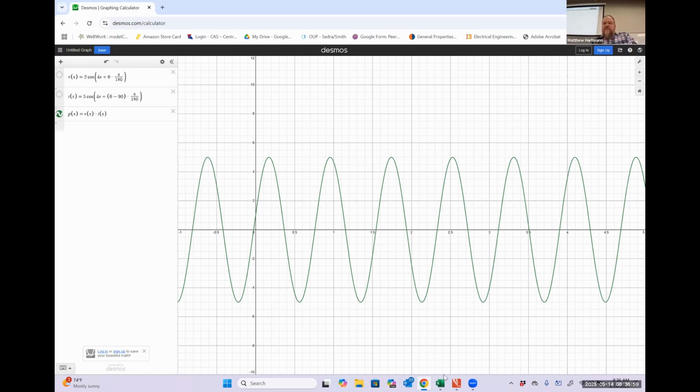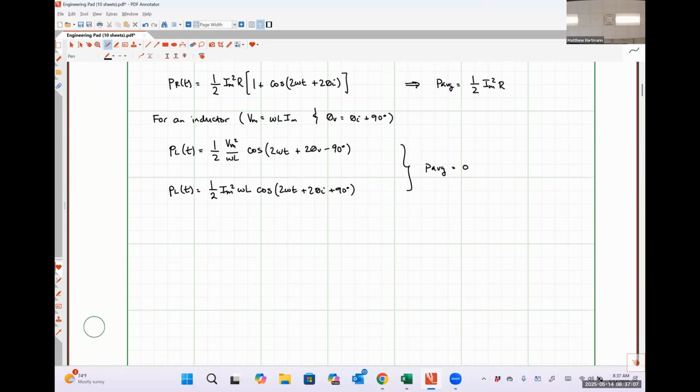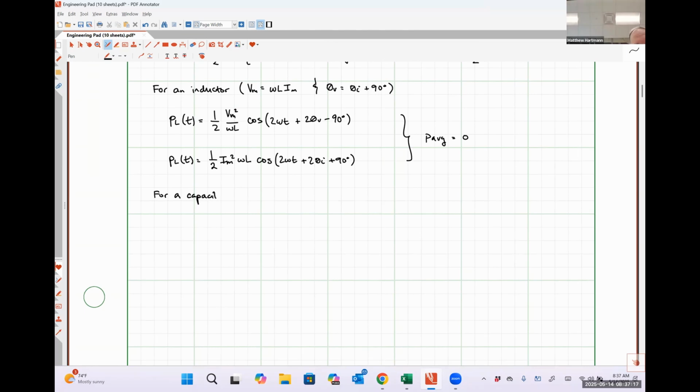All right, so now let's talk about capacitors. In a capacitor, we're going to have the exact same relationships as an inductor, except that we're just going to swap I and V and replace L with C. So that's going to look like Im is equal to omega C times Vm.